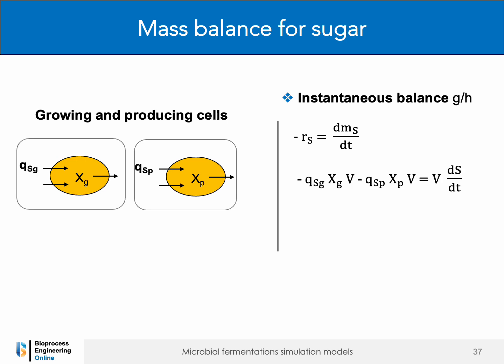Introducing the specific sugar consumption rate, Q_SG, by the growing cells, and the specific sugar consumption rate, Q_SP, by the producing cells, the balance becomes minus Q_SG x_G V minus Q_SP x_P V equals V ds over dt. And the differential equation describing the time variation of the sugar concentration is ds over dt equals minus Q_SG x_G minus Q_SP x_P.